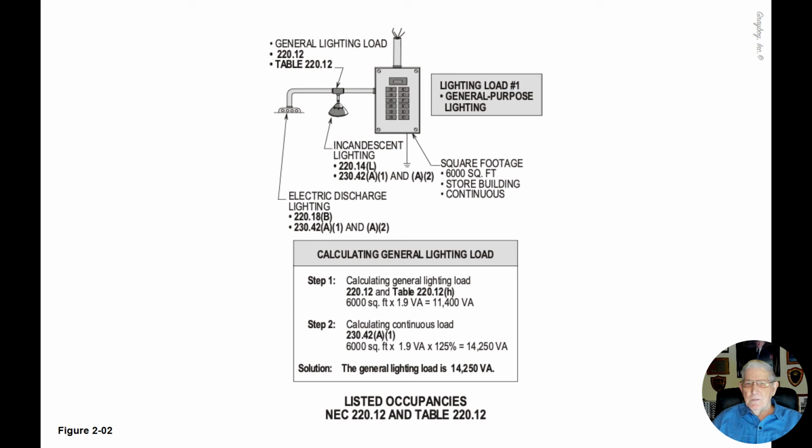Now notice in step 2, if we go strictly by the code now, 230.42A1 would not be applicable. The 125% is already included in the 1.9 VAs selected from our table 220.12. So when we do the math, we come up with 11,400 VA.